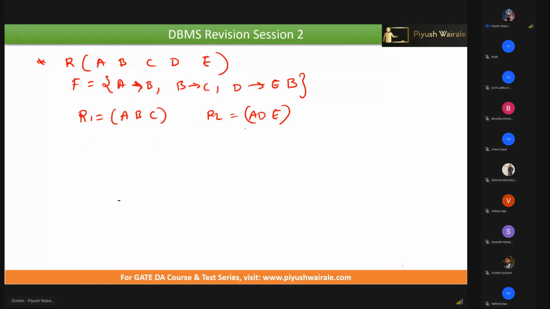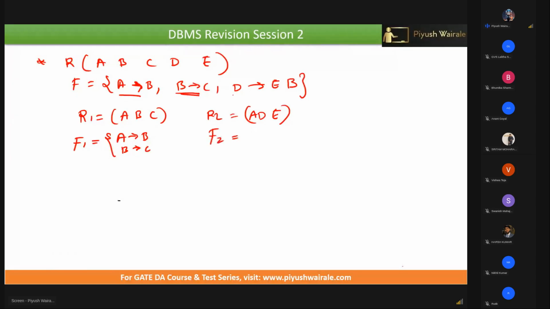First find out the applicable functional dependencies for R1. Here you can see A determines B will be there, and B determines C I can add here. So first, from the parent FD set only, try to add FDs in F1, F2, or whatever decomposition we have. So we have added these two in F1.